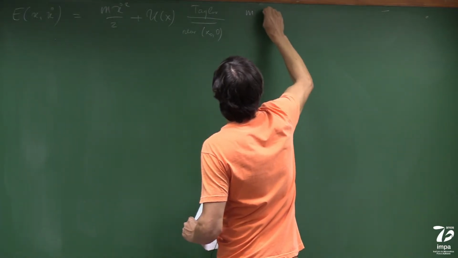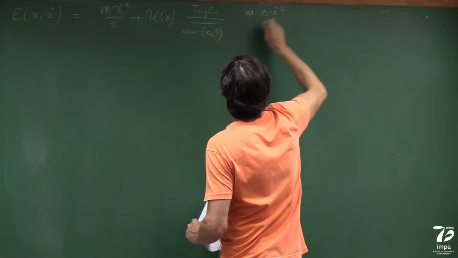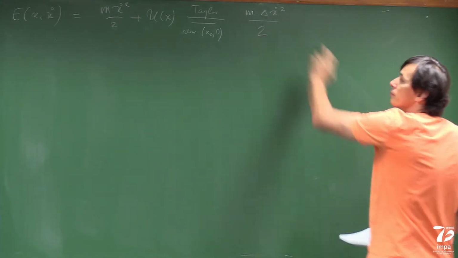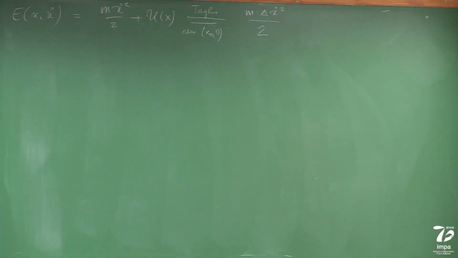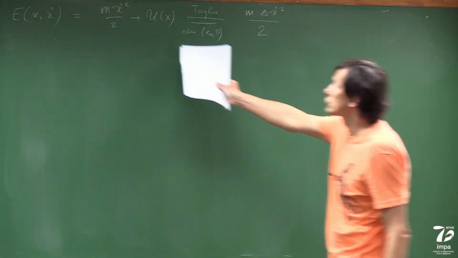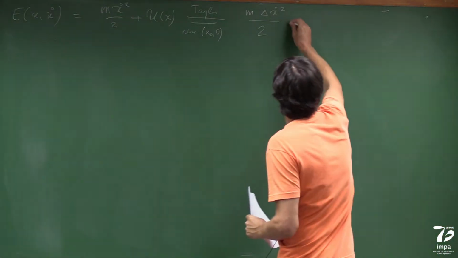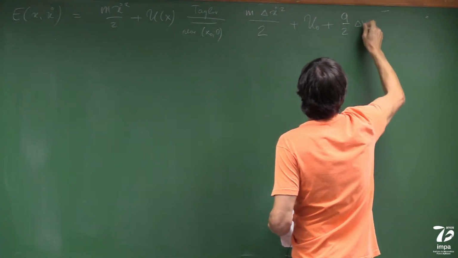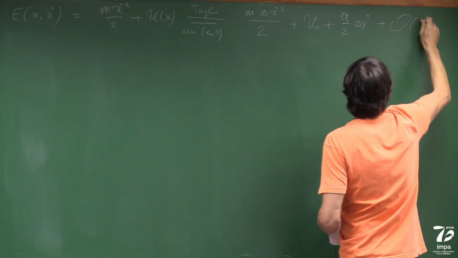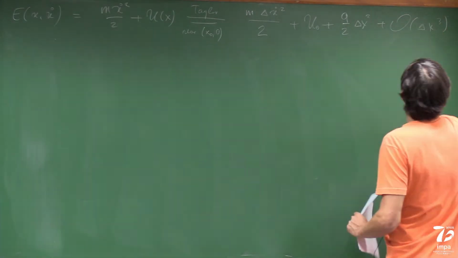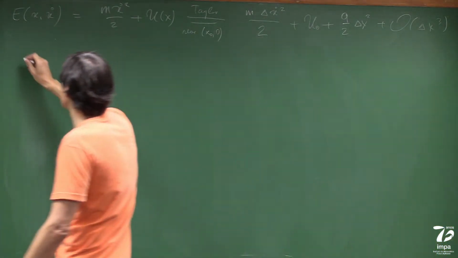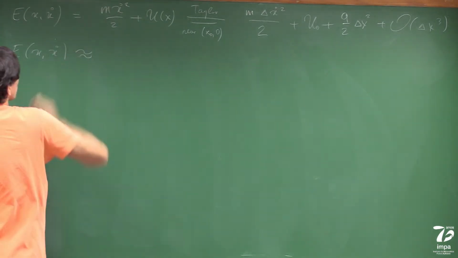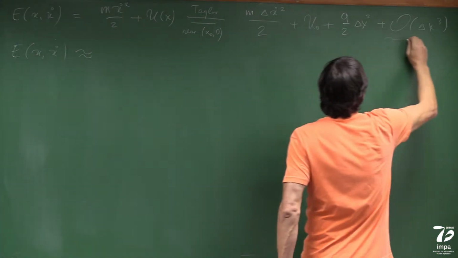On velocity we can put delta x dot, it doesn't matter, because in the difference you can put minus x0 into the derivative. Then you use this whole expression. So it will be plus u0 plus a over 2 delta x squared plus delta x cubed. So you can also approximate the energy by neglecting this piece.